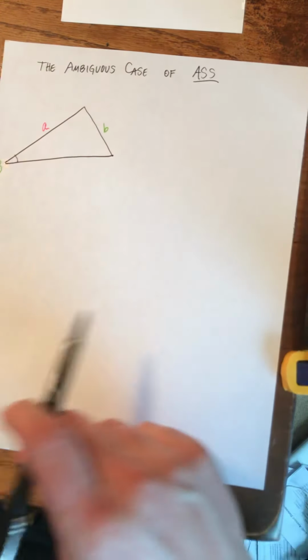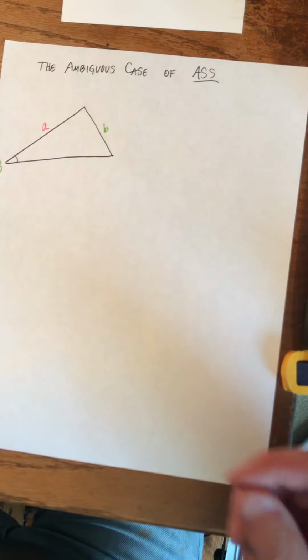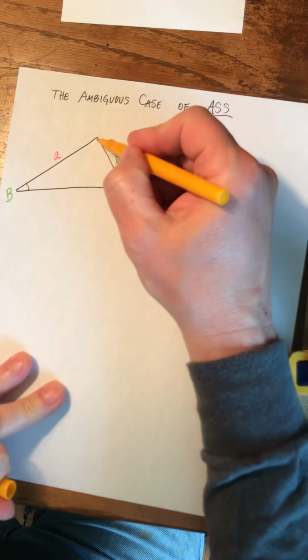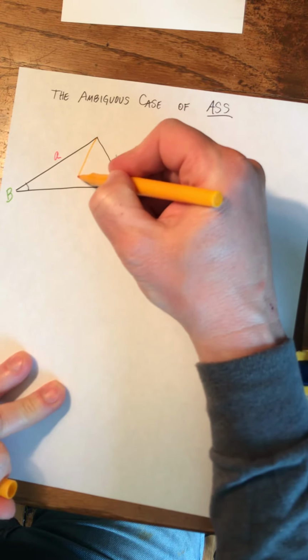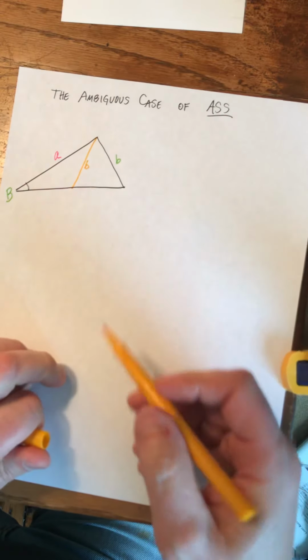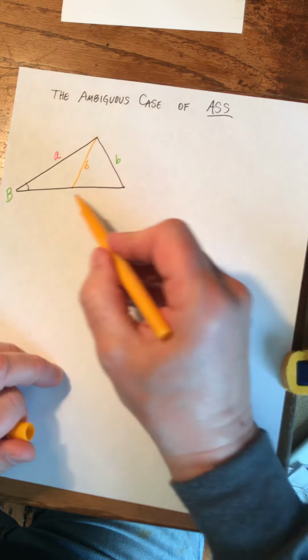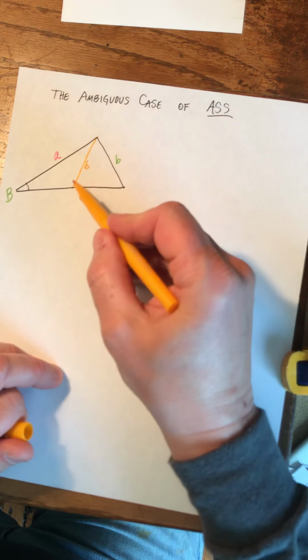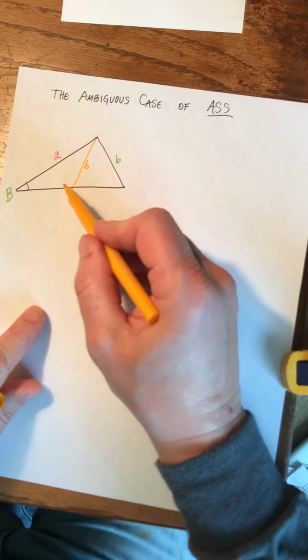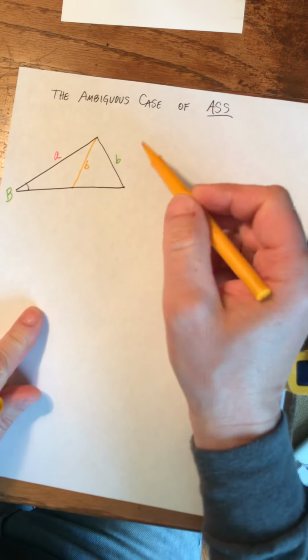In this triangle, we could actually draw another triangle if we were to move this side B, same size, not changing the size of it, and we moved it over here. We could actually have two triangles, this bigger triangle and this smaller triangle. That's actually an obtuse triangle because it has an angle bigger than 90 degrees in it.